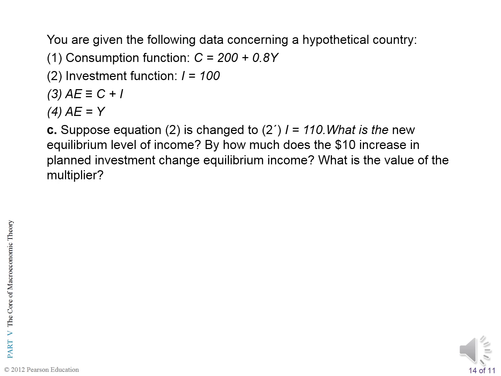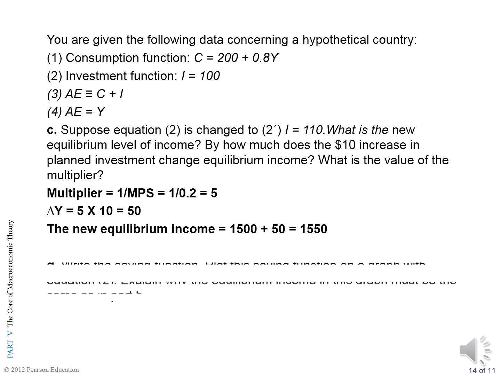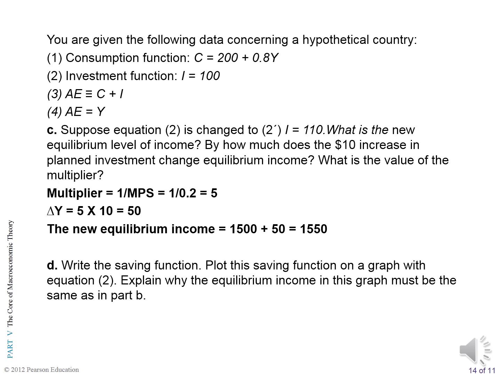Investment increases by 10, from 100 to 110, so the increase in income equals 10 times 5, which is 50. The initial level of equilibrium income was 1500, so the new level of equilibrium is 1500 plus 50, which is 1550.